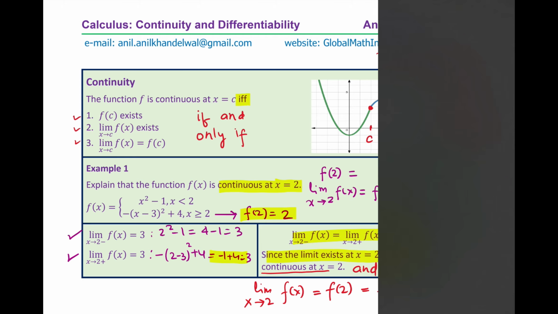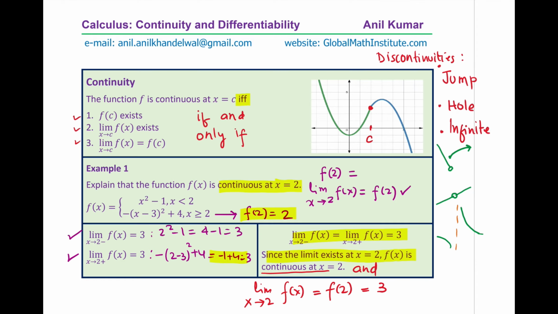So if the limit exists and it is the same as the value of the function, the function is continuous, as explained here, correct? So that part I hope is absolutely clear.